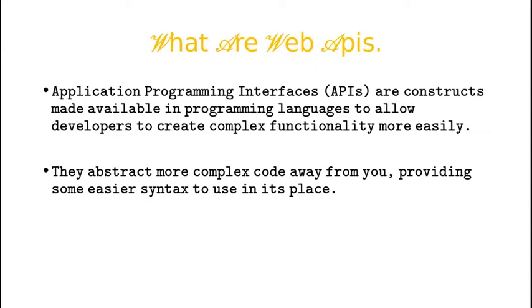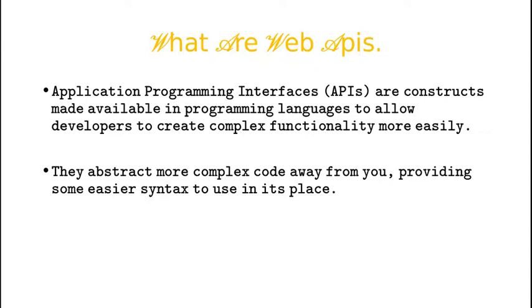So first of all, what are web APIs? Web APIs are made available in programming languages to allow developers create complex functionality more easily. So instead of you writing a whole bunch of code for creating Google Maps in your web application, Google developers have done most of the writing of those code. So what you just need to do is to get the API into your application, then write a little bit of code to get the API to connect to your application and call some functions and make them work for you.